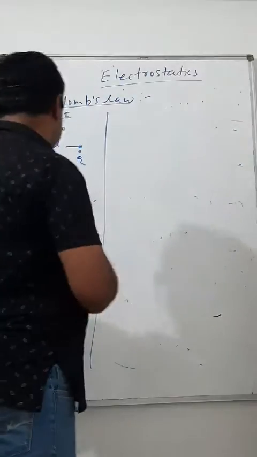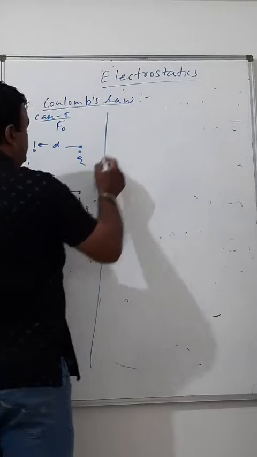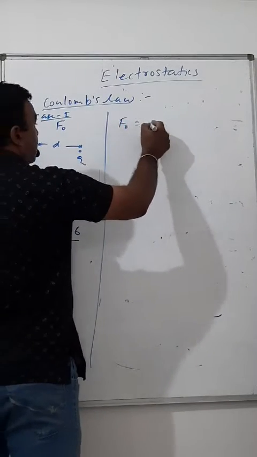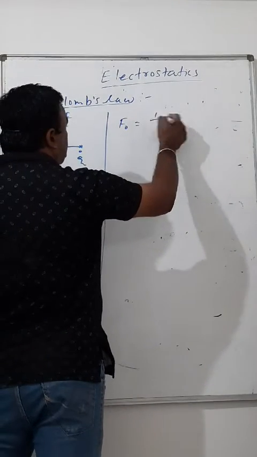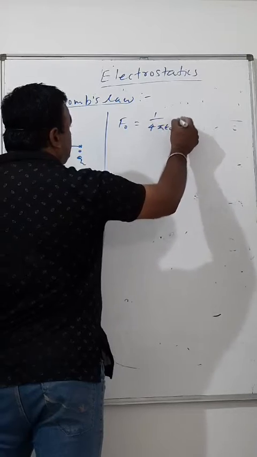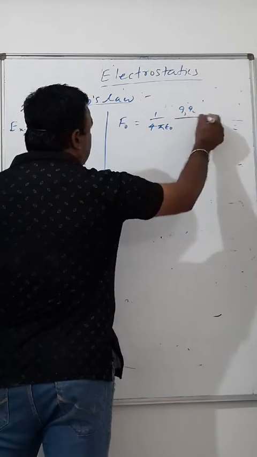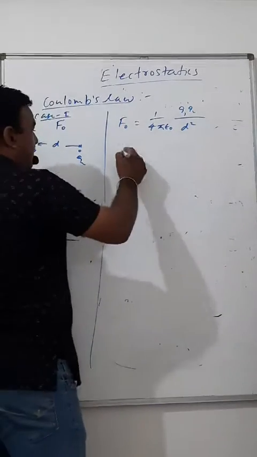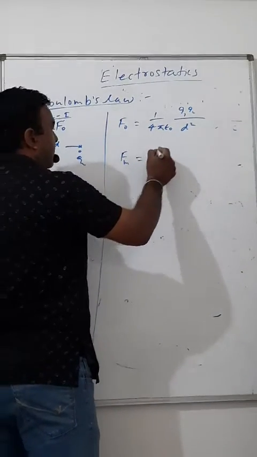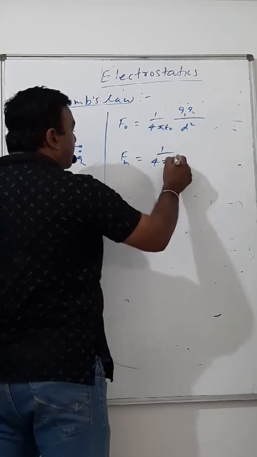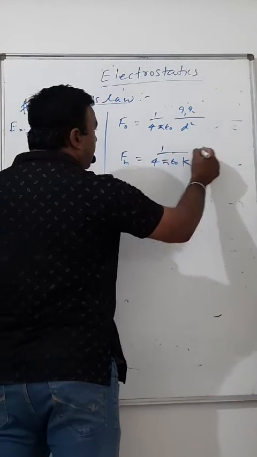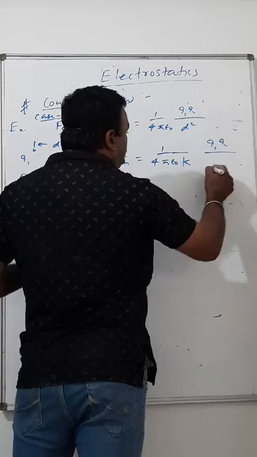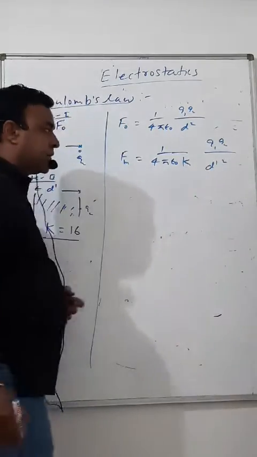Now look what I'm asking. In the first case, F naught is 1 upon 4 pi epsilon naught Q1 Q2 by D square. At this time the force is Fm, 1 upon 4 pi epsilon naught into K, Q1 Q2 by D dash square.